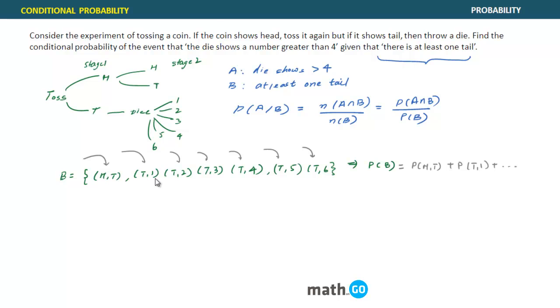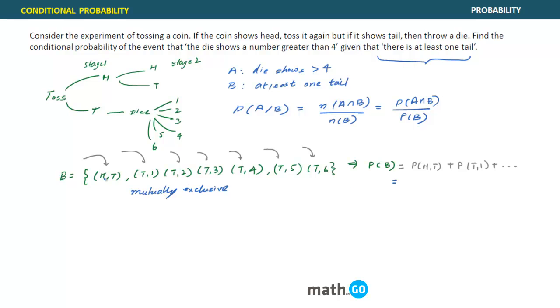If this occurs, this will not occur, obviously, right? All of them are mutually exclusive, so if this occurs, this will not happen. So you just need to add their individual probabilities.